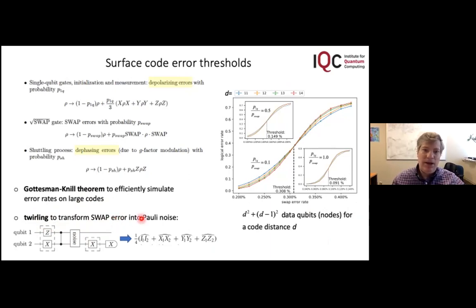Then we plot the simulated logical error rate as a function of the physical qubit error rate, for different code sizes. Where there's a crossover point, it means that below that physical error rate, increasing the size of the surface code decreases the logical error rate, which is what you want. So that crossover point is the threshold value that we want to identify.